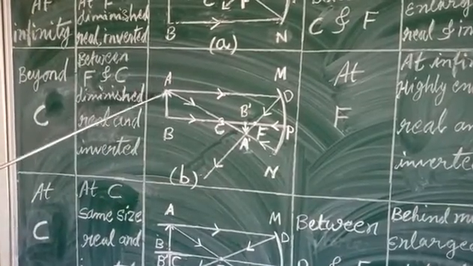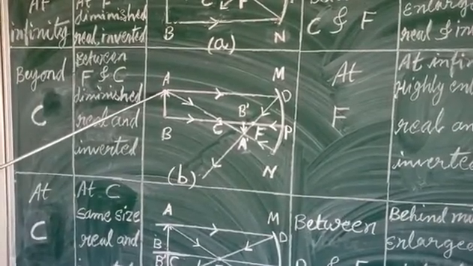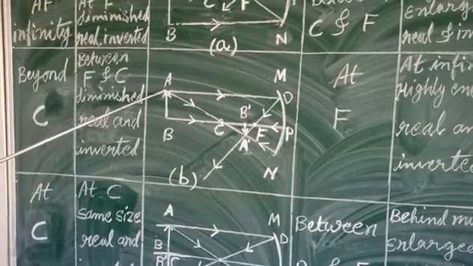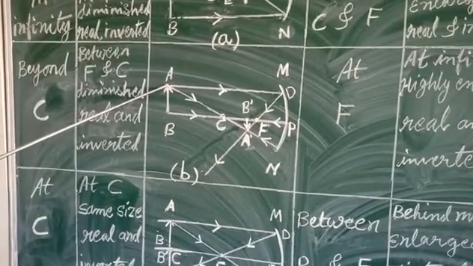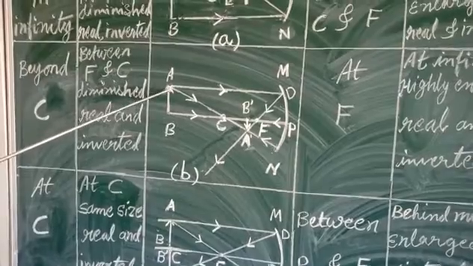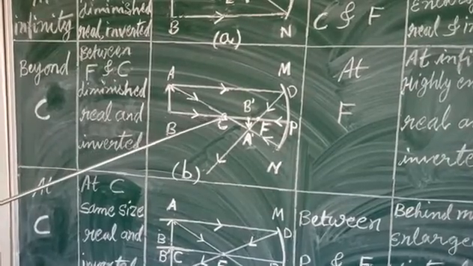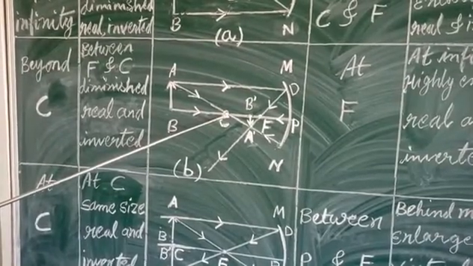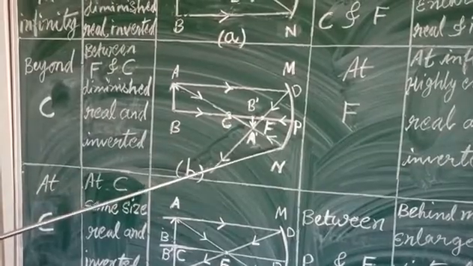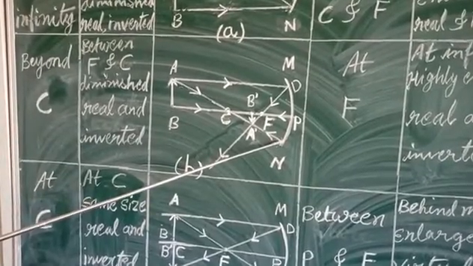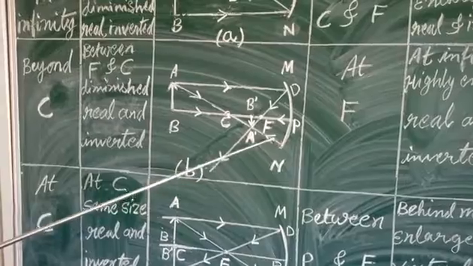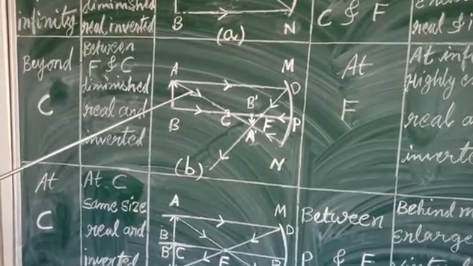In the same way, another ray of light also comes from the top point of the object, passes through the center of curvature, and is reflected back along the same path.